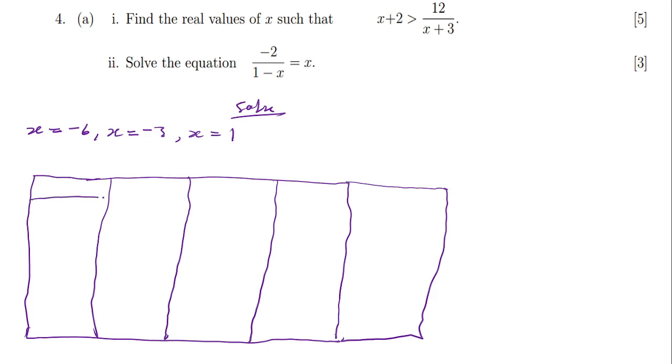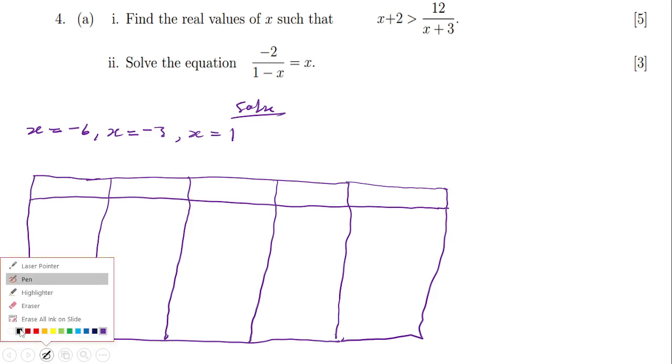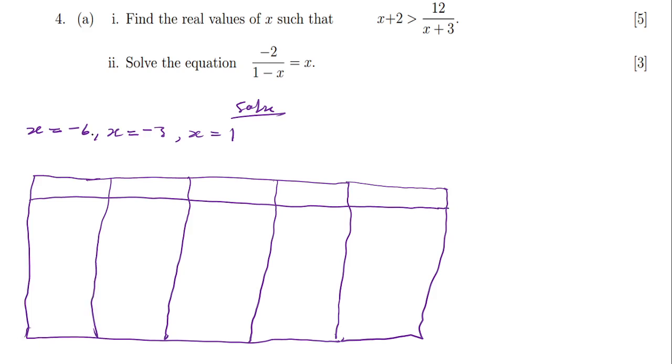Then you draw like that. Once you draw this table, you put your critical points: negative 6, followed by negative 3, and followed by 1. Where students make mistakes is where I'm going to illustrate. A lot of students make mistakes on that particular part.